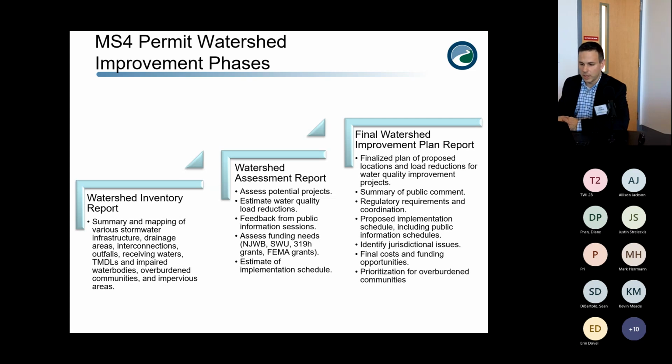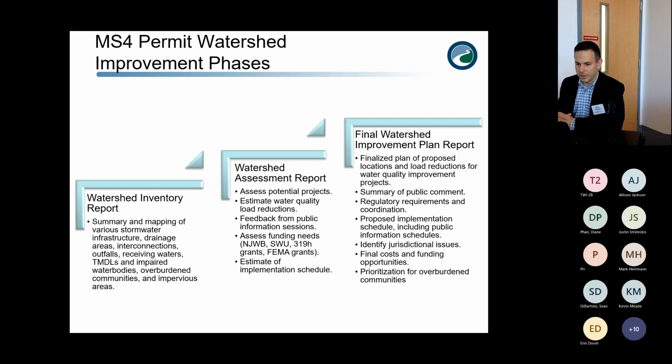Looking at stormwater utilities, 319H grants, FEMA grants, all the different options that there could be to fund these different projects. And the hope is that as we develop these improvement plans, more and more funding options will come up. And then finally, an estimate of what the implementation schedule would be for the different projects getting these in the ground to create those improvements.